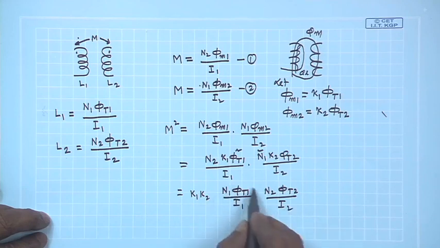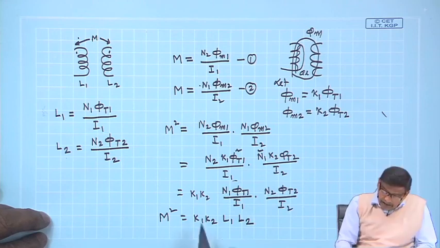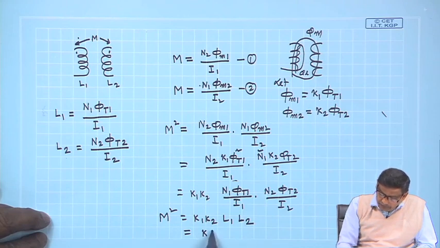But this is nothing but self inductance. So, K1 K2 into L1 and L2. This is L1 and this term is L2. So, M square is this one, and this K1 into K2 is called the coefficient of coupling.